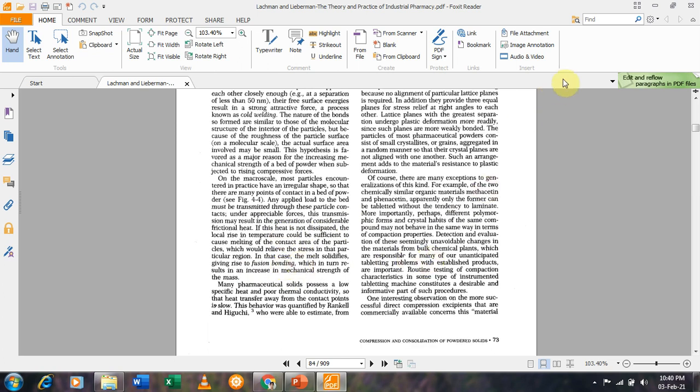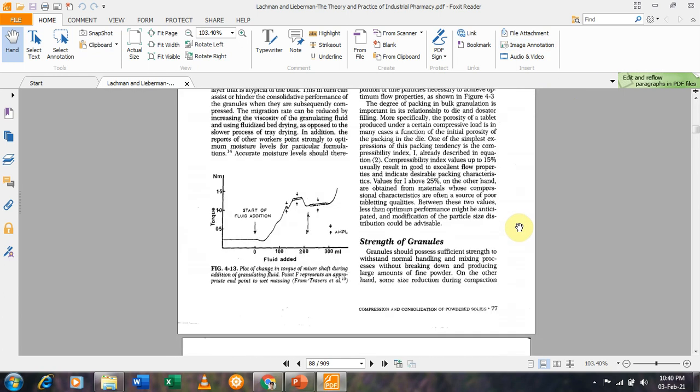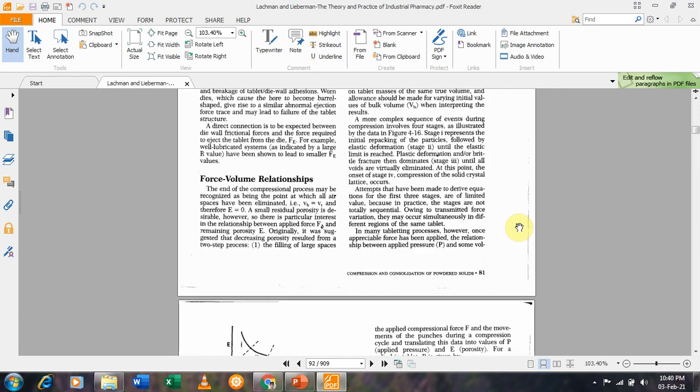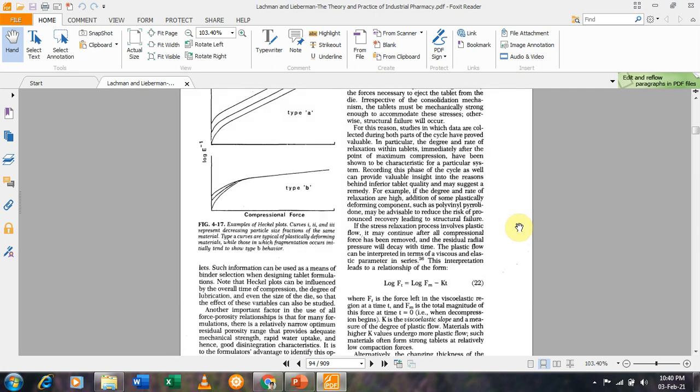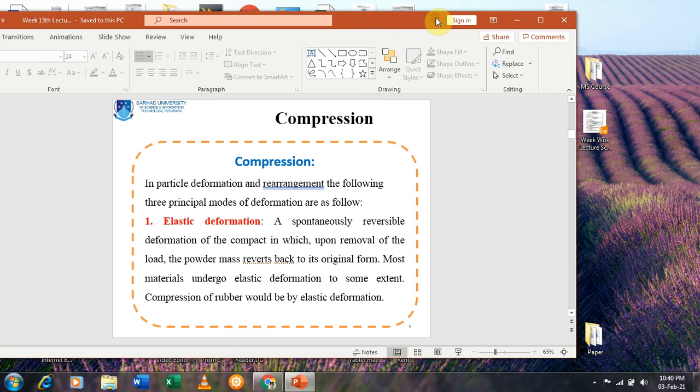And then we discussed in detail the elastic deformation, that is a spontaneously reversible deformation process of the compact mass.